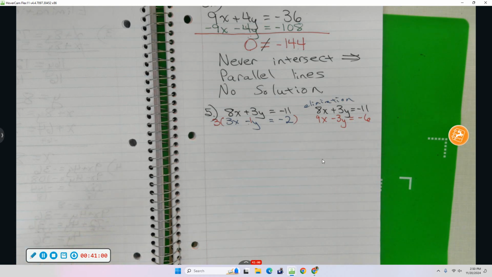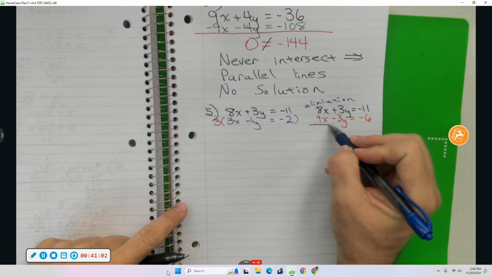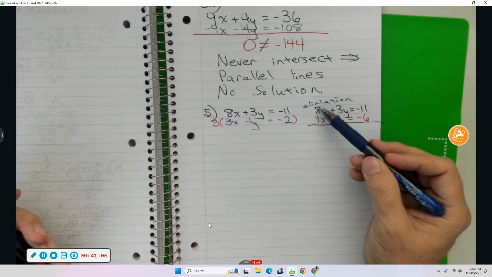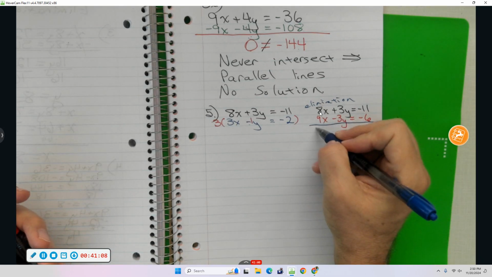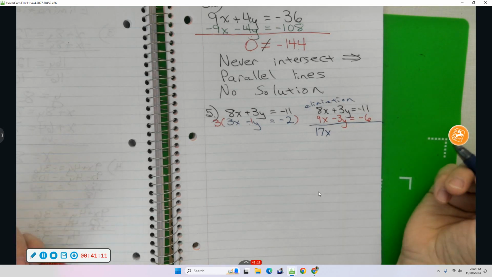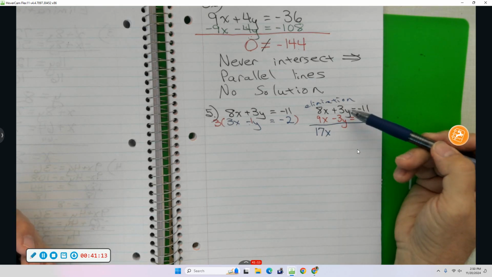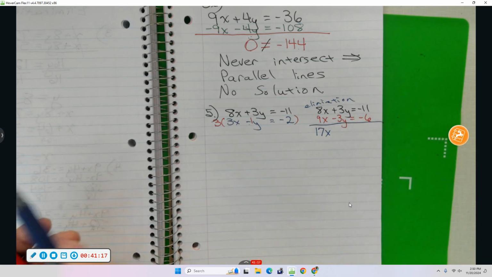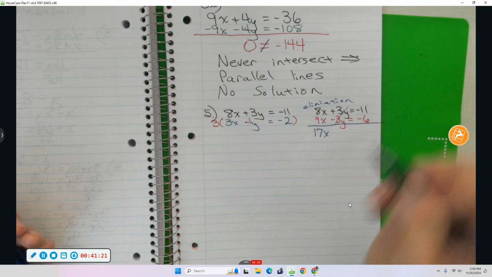Try adding these two equations together. 8x plus 9x, that's a 17x. What's about to happen to the y's? Positive 3y minus 3y, we have just eliminated the y's. The y's are gone.